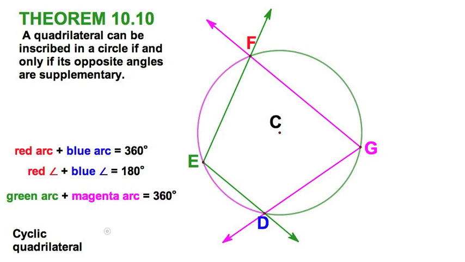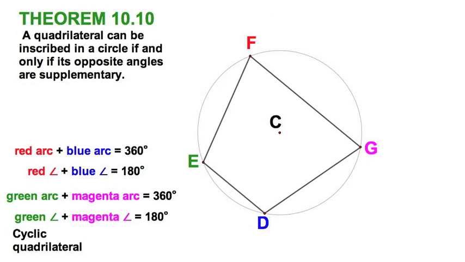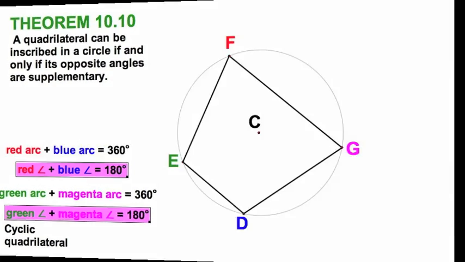So the logic continues, and we can see that these two arcs added together must also be 360, and the two angles, each of them being half of their respective arcs, must add up to 180 degrees. So in the end, this quadrilateral can be described by opposite angles being supplementary.